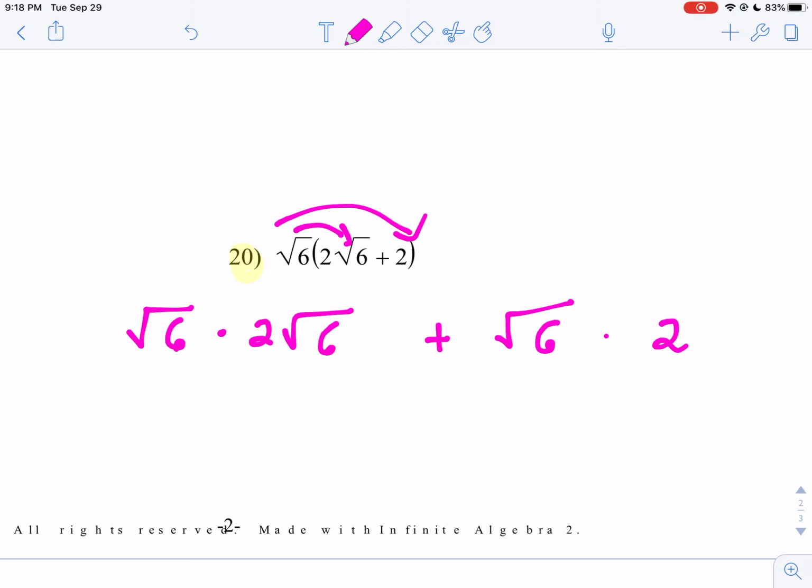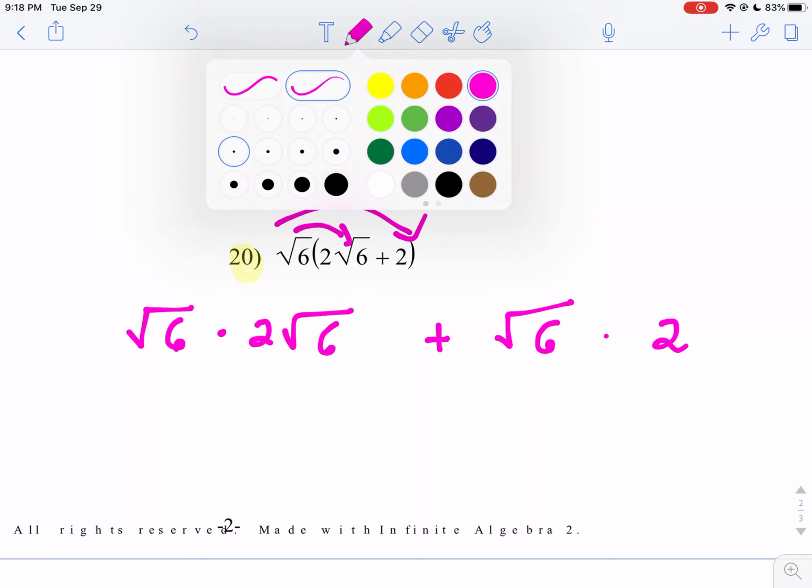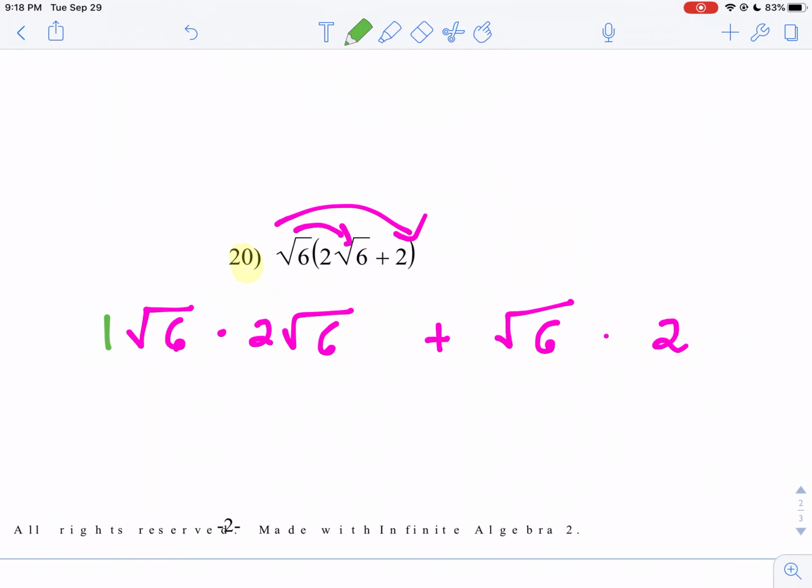Now we can do the problem. Outside numbers multiplied together: although the radical 6 doesn't show a number, it's actually a coefficient of 1. So 1 times 2 is 2. And then I have 6 times 6. Two of a kind, I can take that 6 out and multiply by the 2, and that gives me 12 for that part.